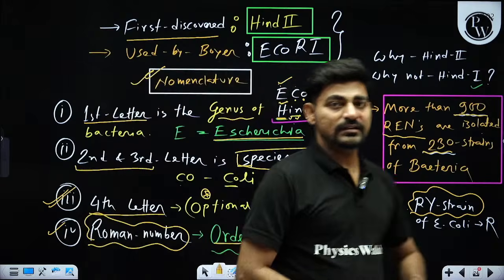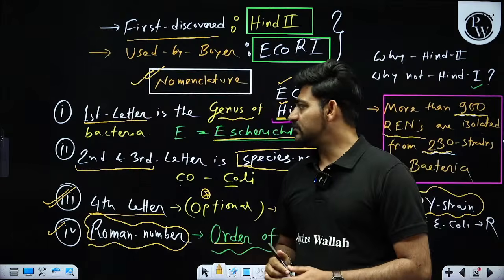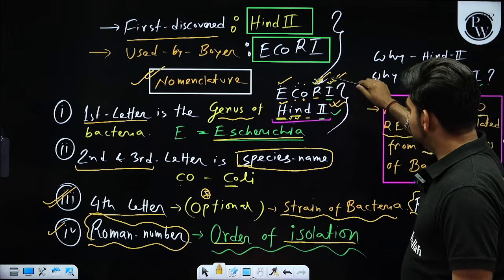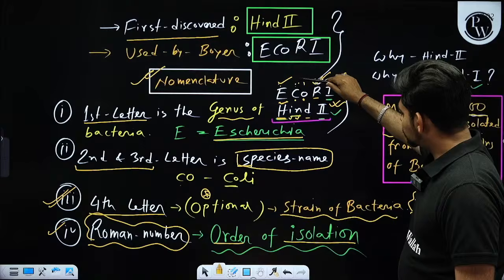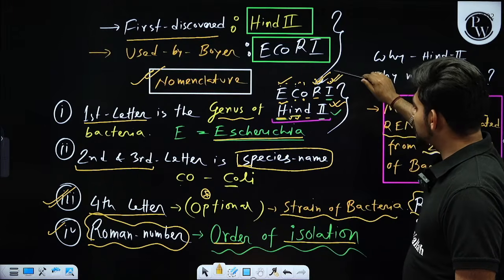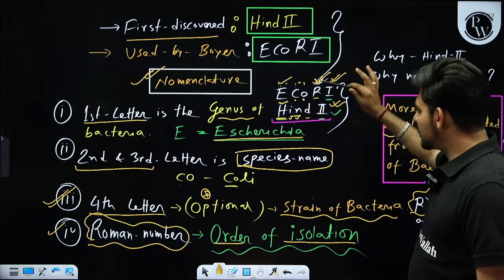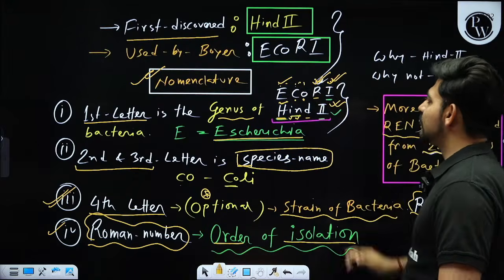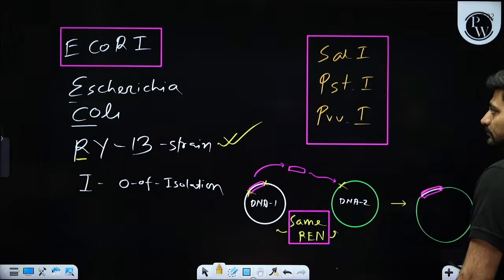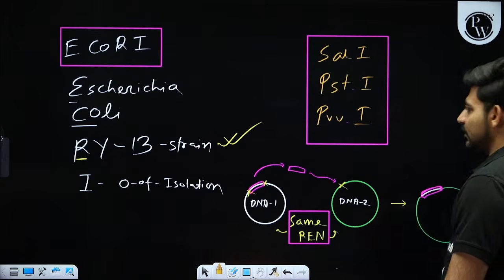So that is the importance of the different letters or numerals which are used to display the name of a restriction enzyme.